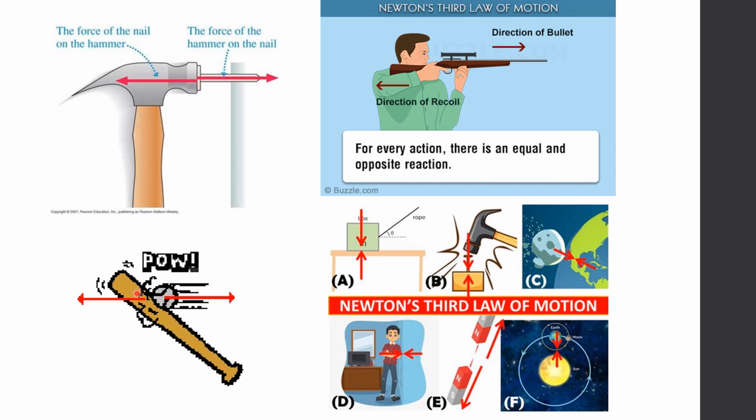Then you'll have this baseball bat to the baseball, and the baseball to the baseball bat. Here naman you have direction of the bullet. The bullet is going forward, but the recoil of the gun is backwards. Then we have a lot of things here. Ayan, like the magnet and the force of gravity.